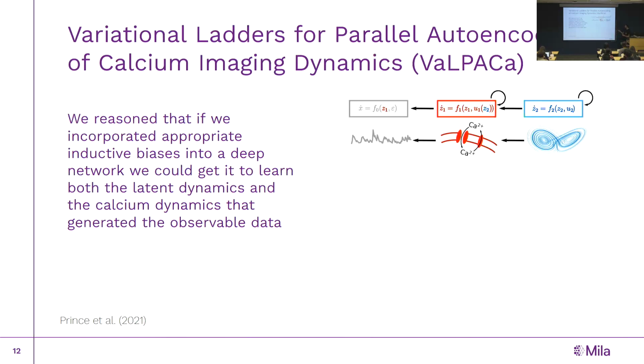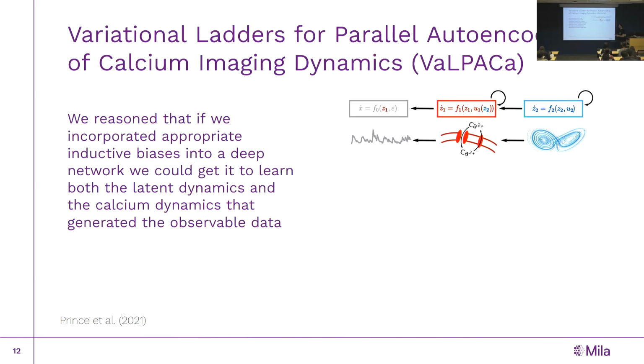But in calcium imaging, you have this intervening set of dynamics, which are the calcium dynamics. So in addition to the underlying computational dynamics that are occurring, you're observing data that's being mediated through a fairly complicated dynamical system that is determining calcium influx and calcium release and all these other things.